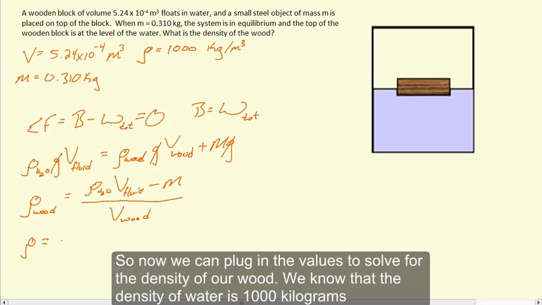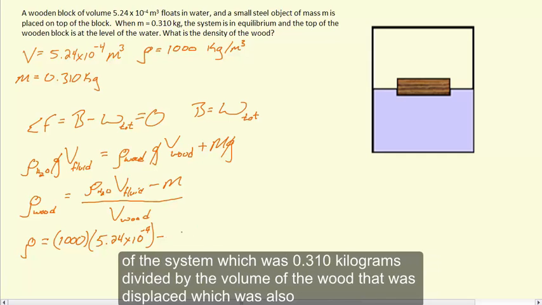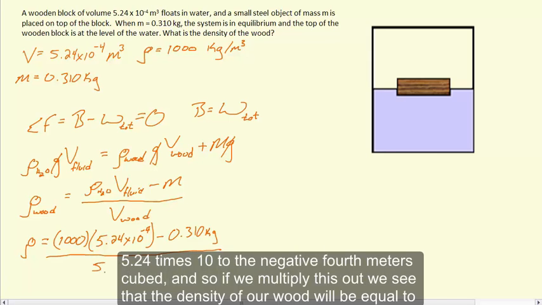We know that the density of water is 1,000 kilograms per meters cubed, and that the volume of the fluid was equal to 5.24 times 10 to the negative fourth meters cubed, minus the mass of the system, which was 0.310 kilograms, divided by the volume of the wood that was displaced, which is also 5.24 times 10 to the negative fourth meters cubed.